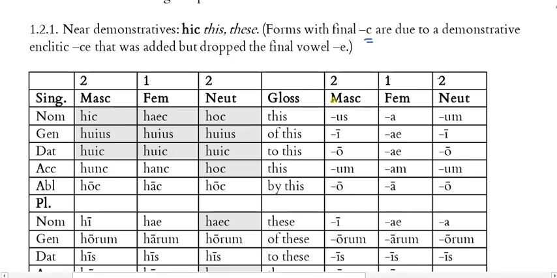Okay, now with the genitive singular form, this ui is a diphthong. And it's ui. Remember that ui. So this is huius, huius, huius. Thankfully, these are all identical to each other. So you only have to learn one form for the genitive singular of all the genders.